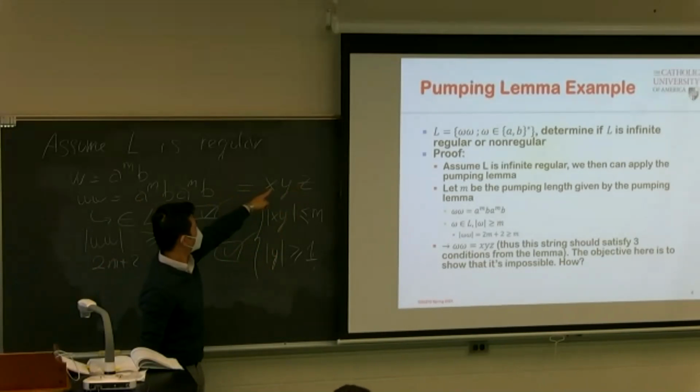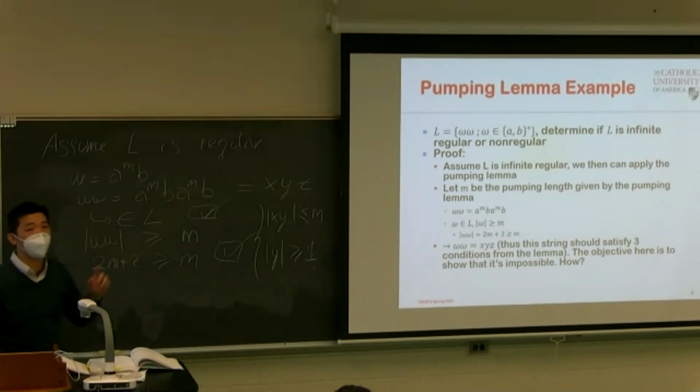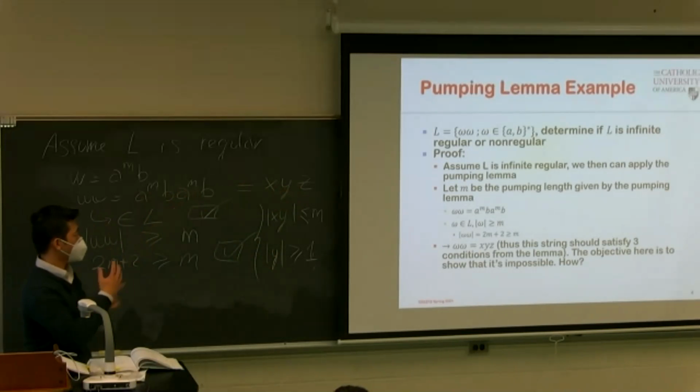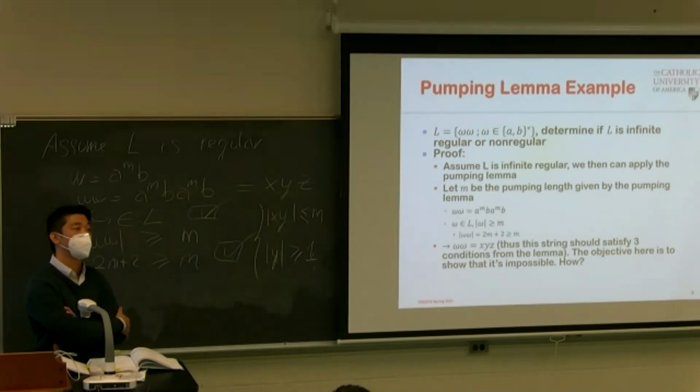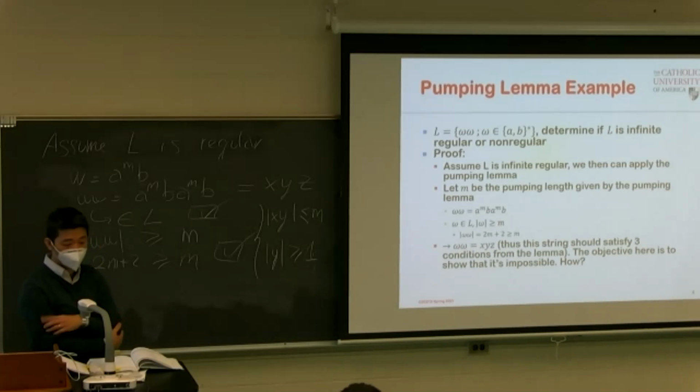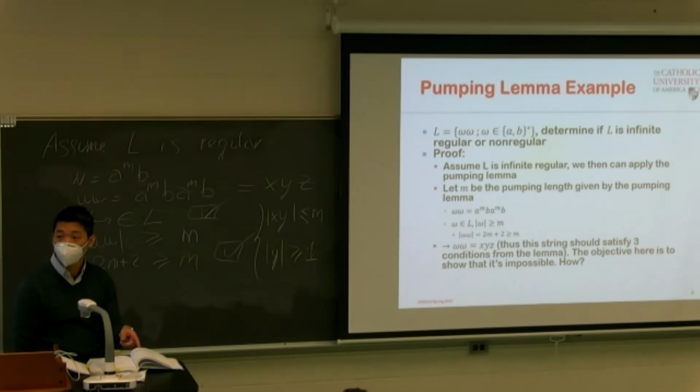So then what is x, what is y, what is z corresponding to this input, such that it's going to satisfy these two conditions? I think that's first X, Y. Oh, it says right here, the lemma says that the length of x, y is less than or equal to m.